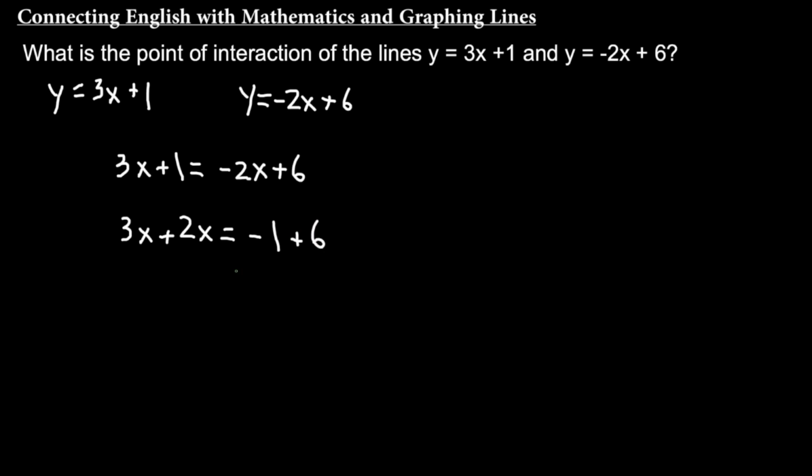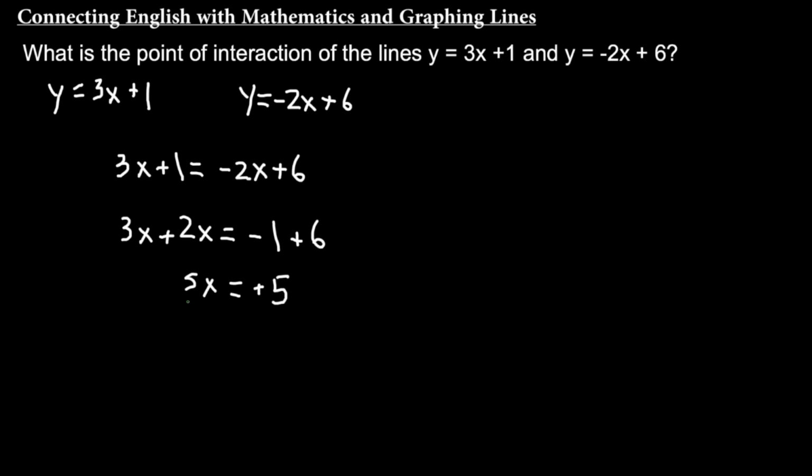So if you add it all up, 3x plus 2x gives you 5x. Negative 1 and positive 6 together gives you positive 5. You don't have to put the positive there, but I'll put it anyways. From here you have 5x equals 5.